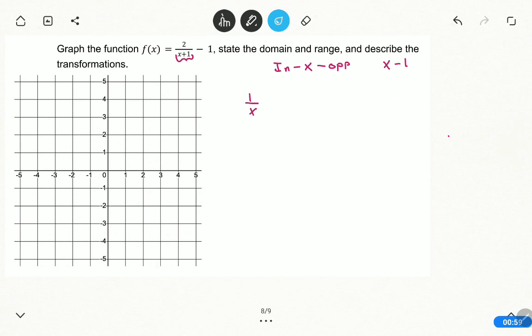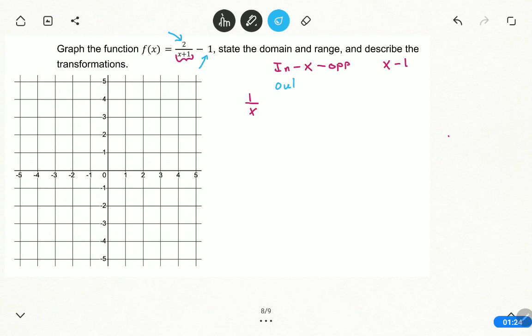Now I also have some stuff outside. Normally the parent function has a 1 on top. However, we have a 2 on top. So that means we have something connected by multiplication, since that's how fractions work with multiplication. And this is going to be considered outside because it's not down with the x. We also have the minus 1 off to the side.